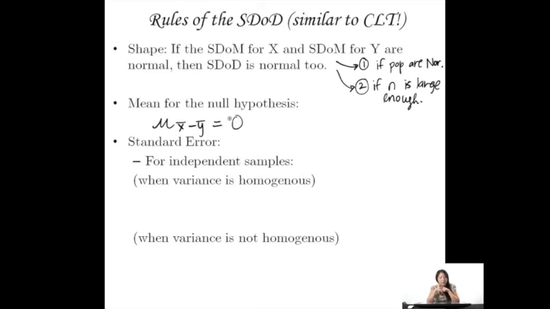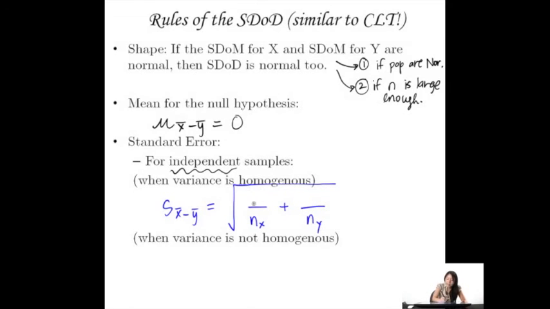That's all it's saying. Okay, now let's talk about standard error for independent samples. Remember, we're still talking just about independent samples. When variance is homogeneous, that's when we use that s pooled idea, right? And so that will mean that s sub x bar minus y bar is going to be equal to, and pretend that you're writing out just the regular idea where you're dividing by n sub x and n sub y. But instead of using the variance from x and the variance from y, we're going to use that pooled variance idea.